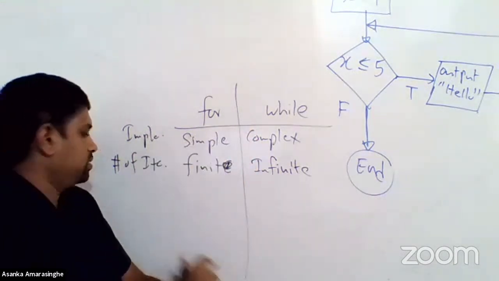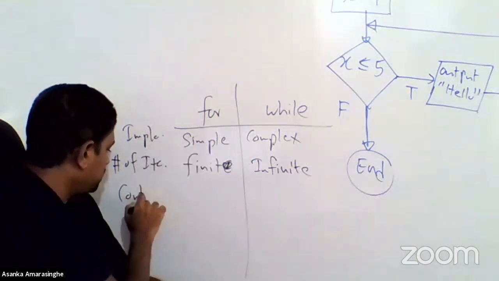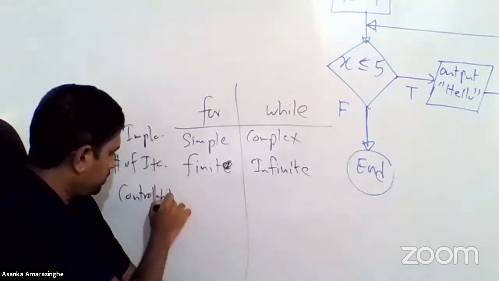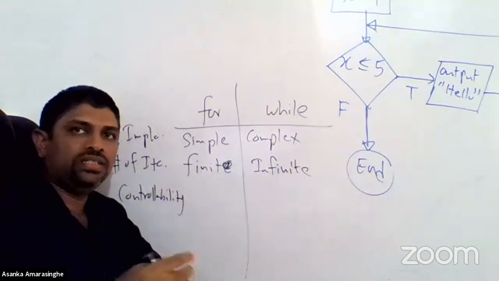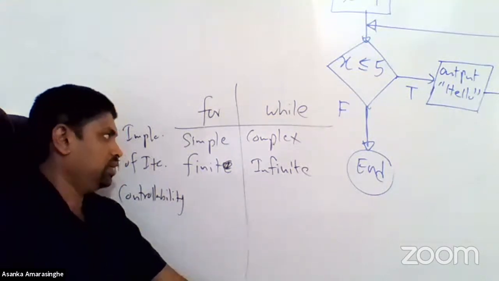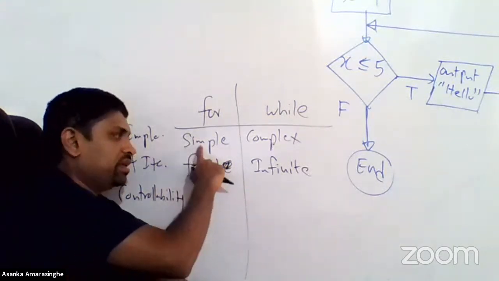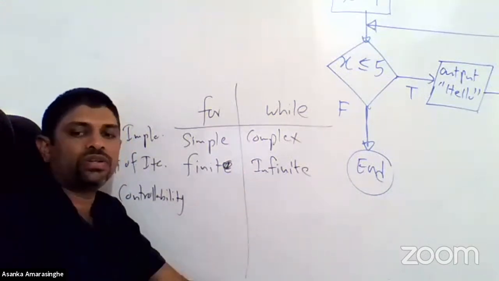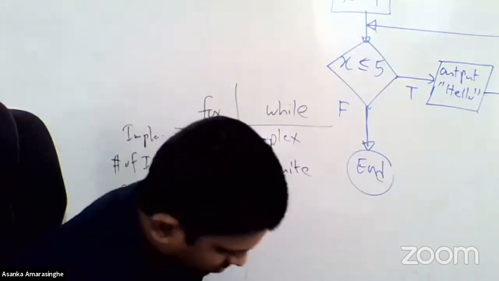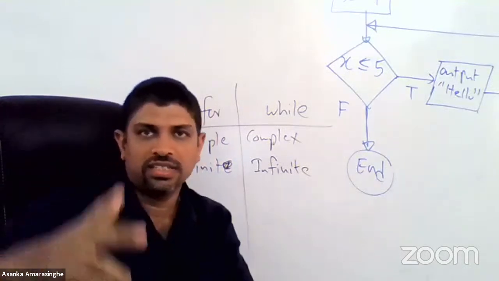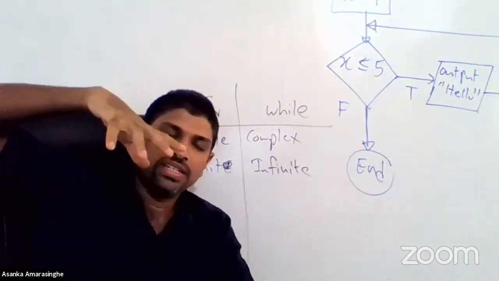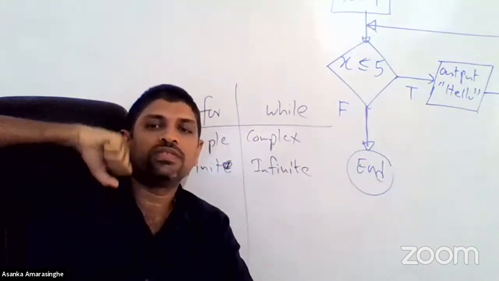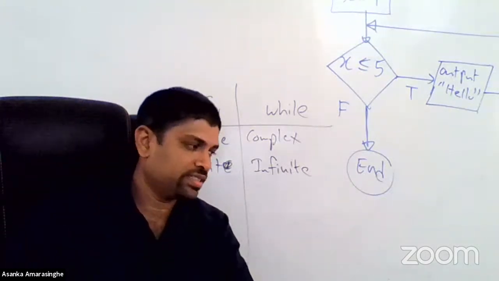The implementation is simple, complex. What about the controllability? Which one is easy to control? Implementation is easy here, simple, complex, but controllability, you know that there are vehicles, manual transmission vehicles and auto transmission vehicles.